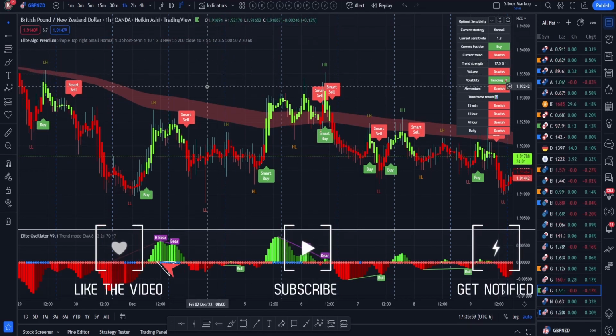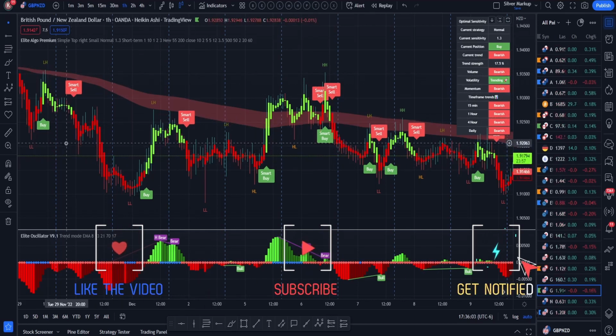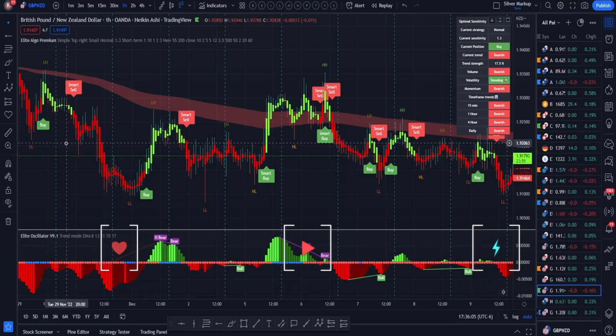But what I like to do with the divergences is, one, I want to find divergences that give me leading indications of a trend continuation.